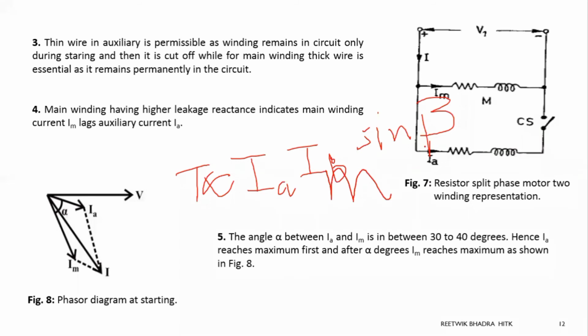Since this beta angle is in the range of 30 to 40 degrees, the maximum torque at starting cannot be obtained. How can maximum starting torque be obtained?